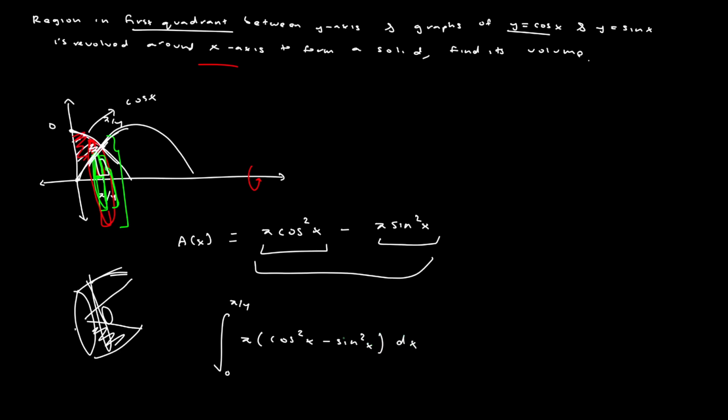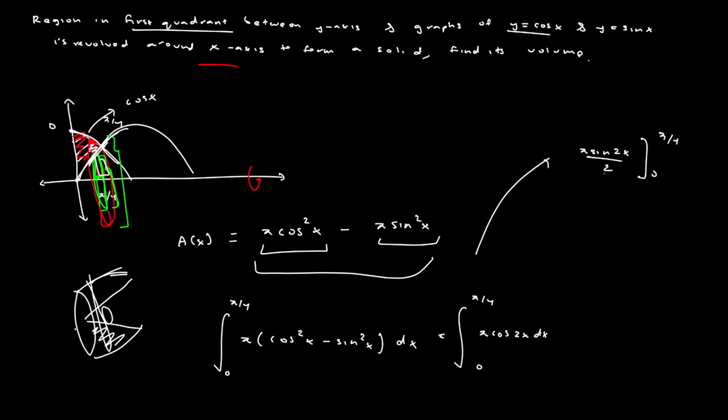We can solve this by using some trig identities. We know cosine squared x minus sine squared x is another way to write cosine 2x. So this is equal to pi times the integral of cosine 2x dx from 0 to pi over 4. Simplifying that, we get pi times sine 2x over 2 from 0 to pi over 4.